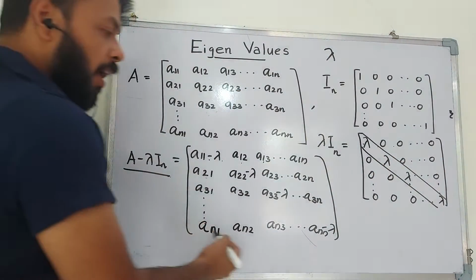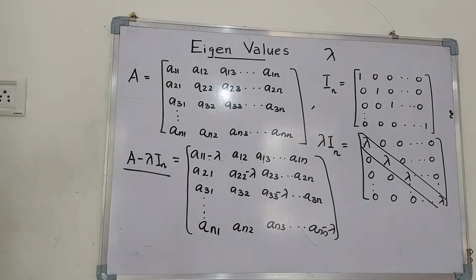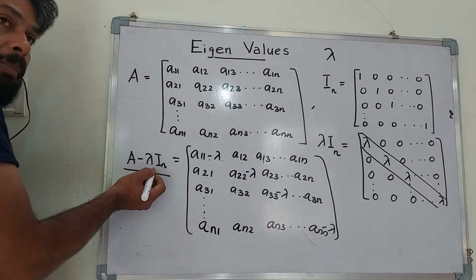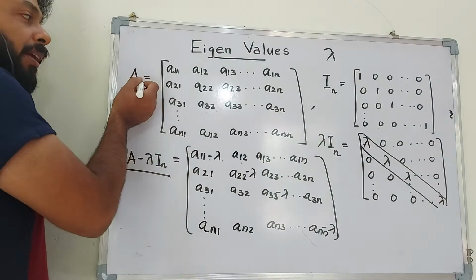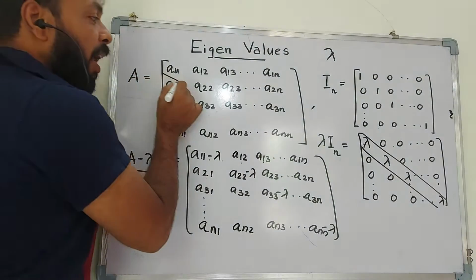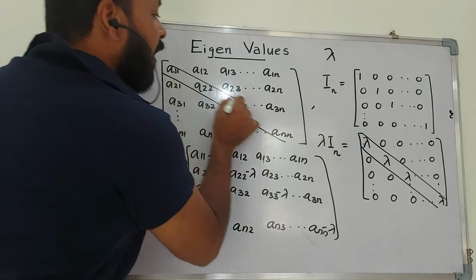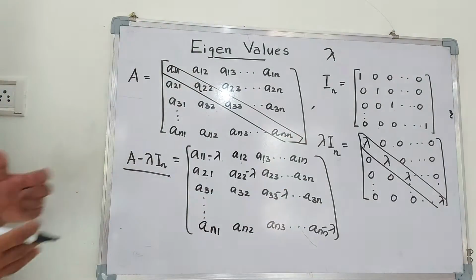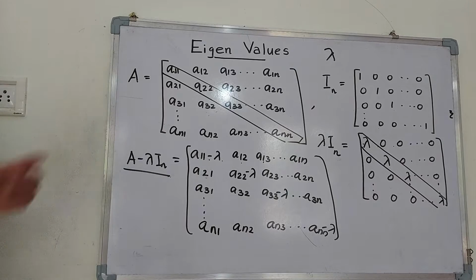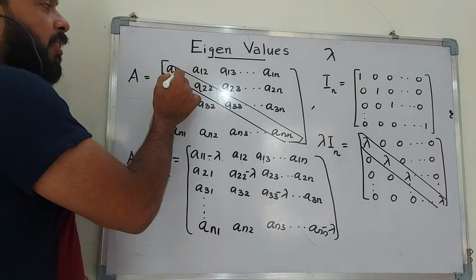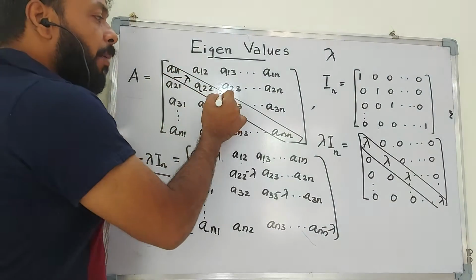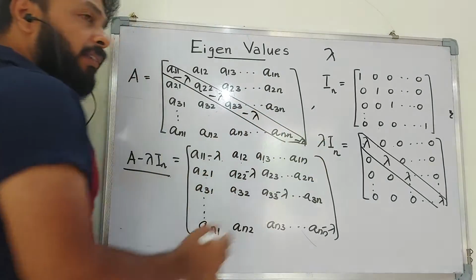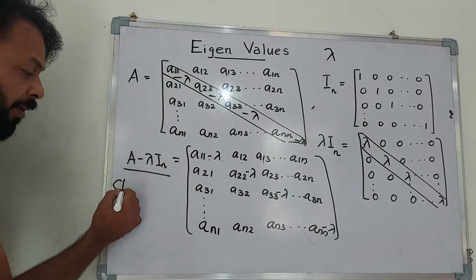And we get the last row as An1, An2, An3, etc., Ann minus lambda. So A minus lambda In is the matrix obtained from A by just subtracting lambda from the main diagonal elements. This is called the characteristic matrix of A.